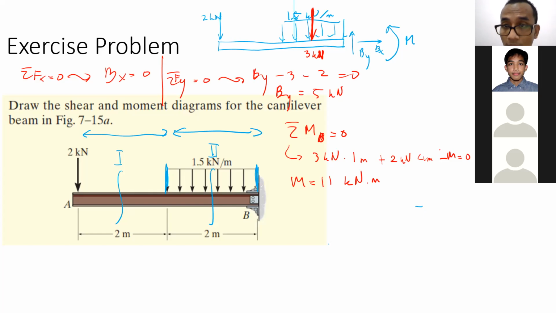This one is plus m, because all of those are counterclockwise. 3 kilonewton multiplied by 1, 2 kilonewton multiplied by 4 plus m, all of those are counterclockwise. So our moment is minus 11 kilonewton meter, so it's supposed to be clockwise moment. Okay, Safran? Okay, sir.